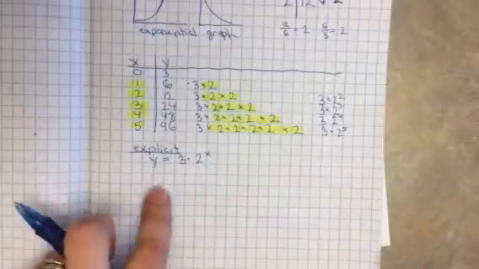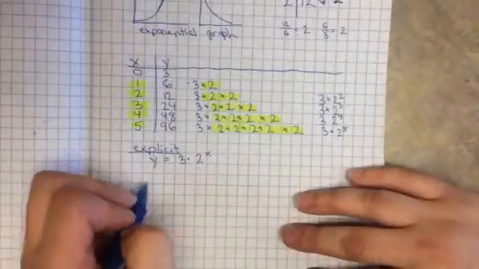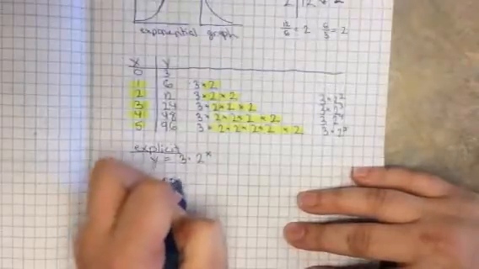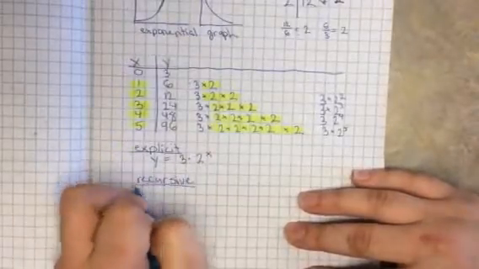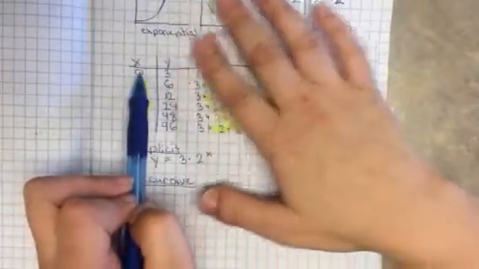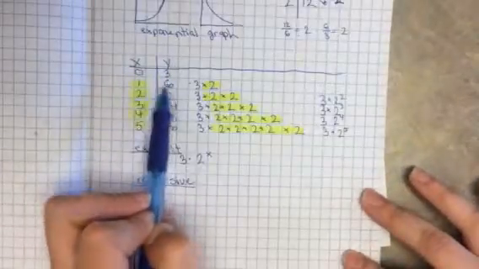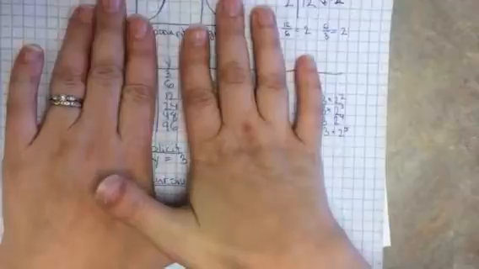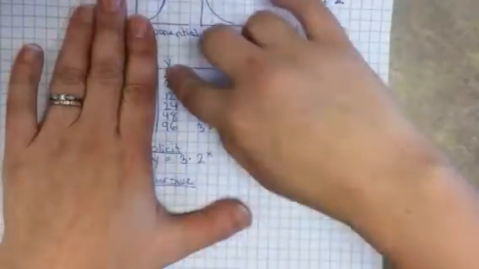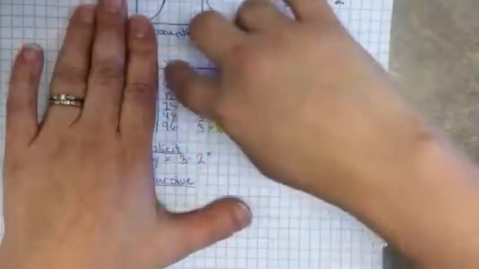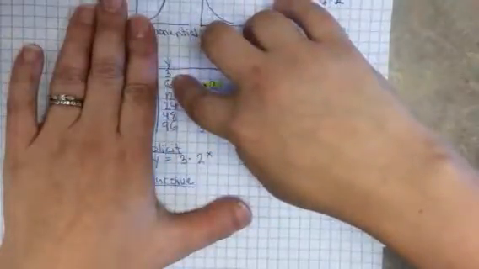Let's do our recursive. That way we can just kind of finish this idea out. Informally, so explicit, I'm looking across. How do I get from input to output, input to output? Recursive, I don't really care about the inputs. I really only care about the outputs. How am I getting down the table?